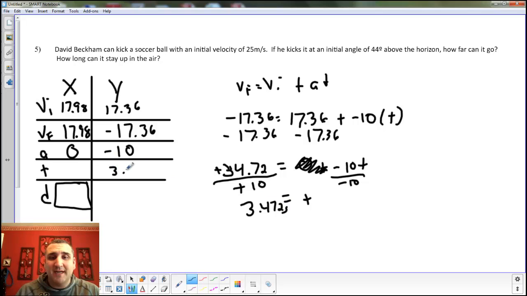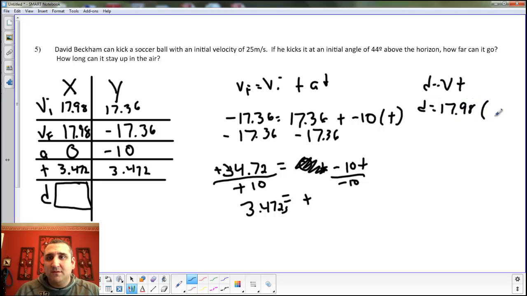So now I've got a t and I've got a velocity. Remember, distance equals velocity times time. D equals 17.98 times 3.472.